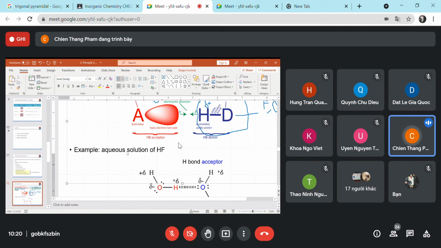How many types of hydrogen bond are in the aqueous solution of HF? Let's think a little bit about this question. We can think for a few minutes and then discuss this together.